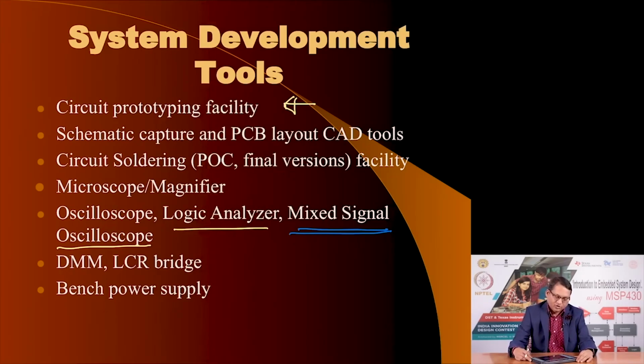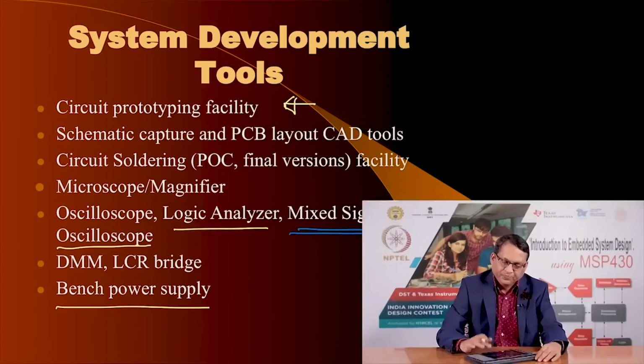Apart from that, you would need a digital multimeter. An LCR bridge is a good instrument to have in your lab, and a variable bench power supply, so that you can use that to power your system while testing. These are the system development tools.